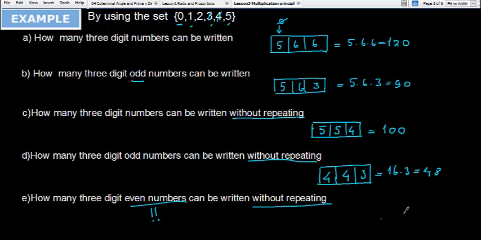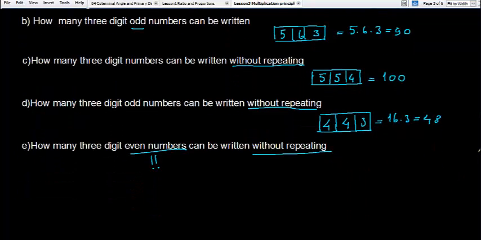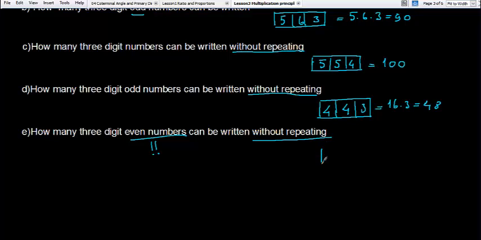So we are going to separate our question into 2 parts, because 0 is the problem here. So we are going to show the place of 0 with respect to that one.